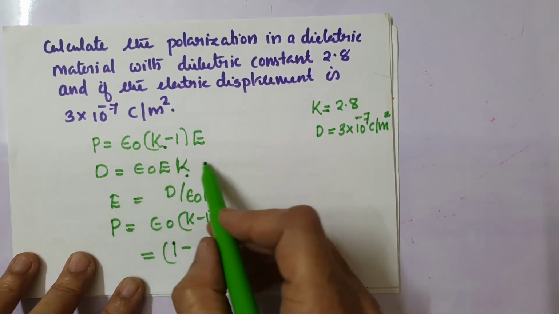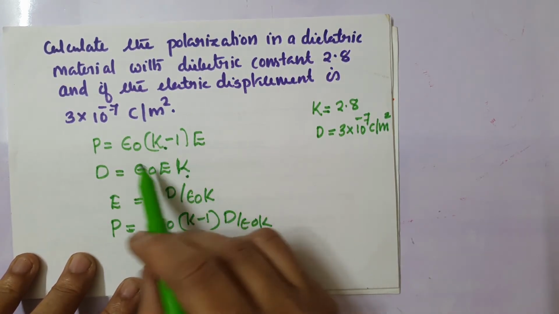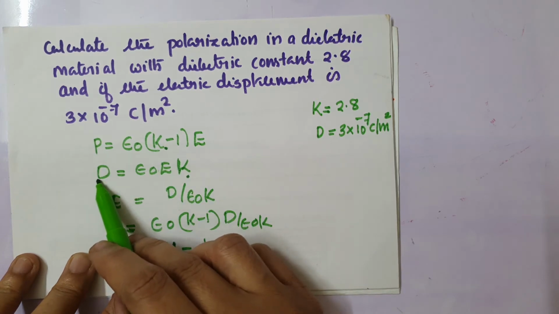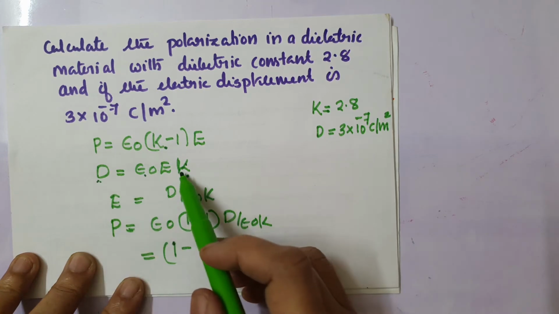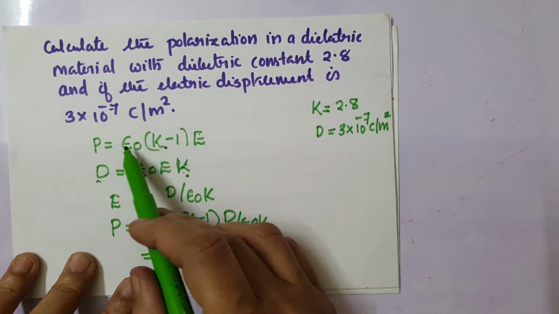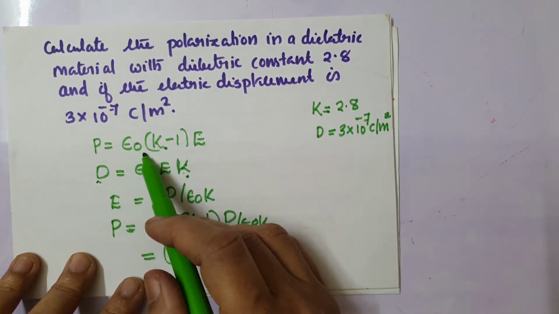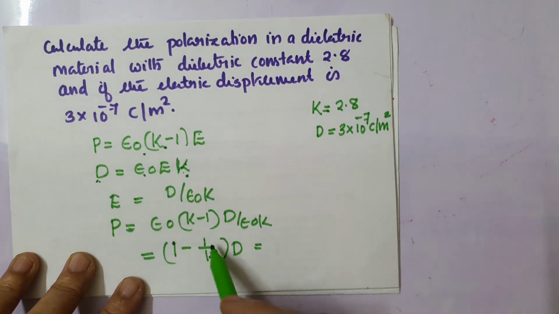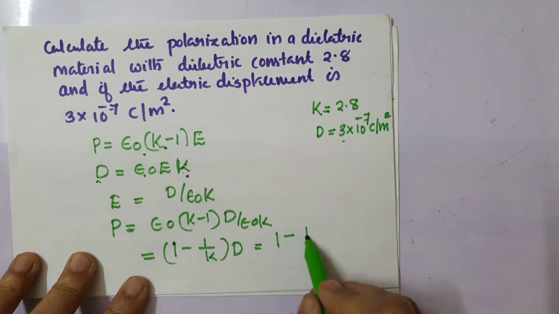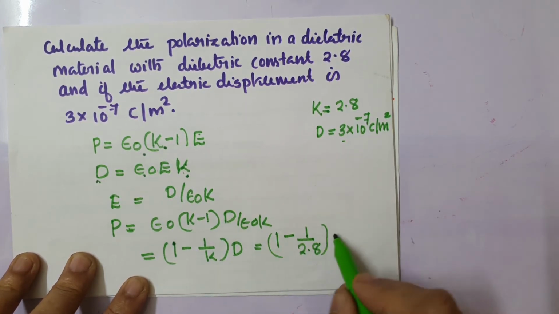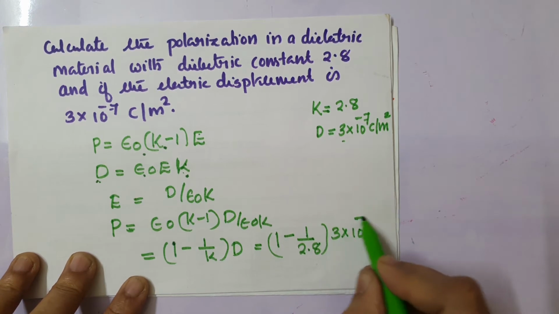Also from this equation we can calculate the electric field vector from D, substituting D, K and epsilon 0, and then substituting the value of E in the first equation, we also get the polarization vector. Here we can substitute the values of K and D, then we get 1 minus 1 by K, where K is 2.8, D is 3 into 10 raised to minus 7.